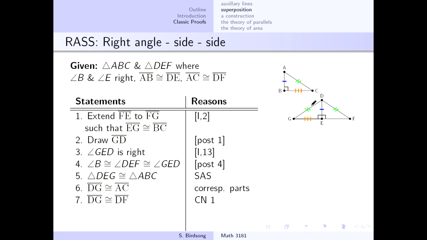Now, with the hatch marks, we can see they're congruent, but notice you do need to have one little lead step here that says, hey, DG is congruent to DF by common notion number 1. And just a reminder, why did we have that?